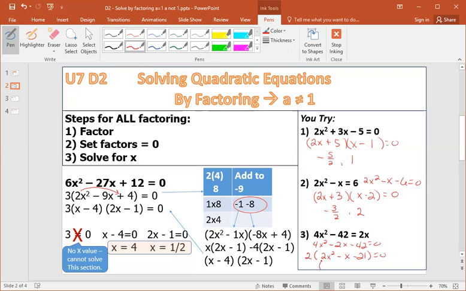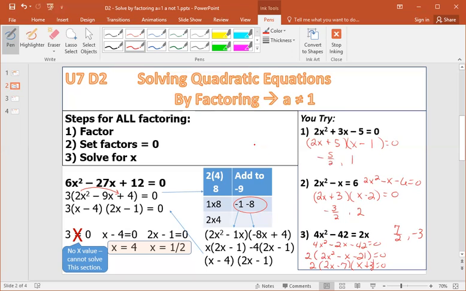Okay, and now I have 2x minus 7 and x plus 3. So that means the 2 on the outside will end up eliminating itself, just like our example on the left. So I would have a +7/2 and a -3 here.